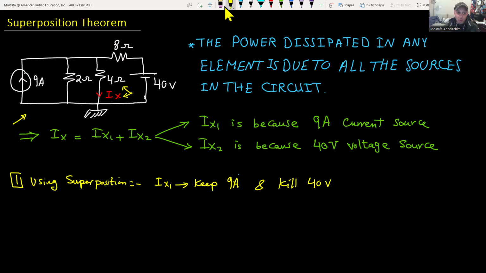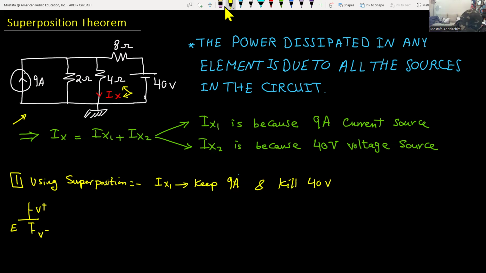What is the job of a voltage source? The voltage source, like for example E here, has two terminals: the negative terminal, let's call it V negative, and the positive terminal, let's call it V positive. A battery or a voltage source basically raises the positive voltage by E in reference to the negative voltage.